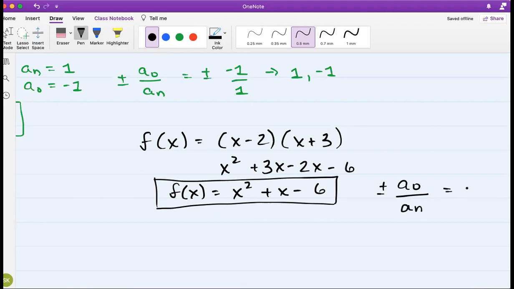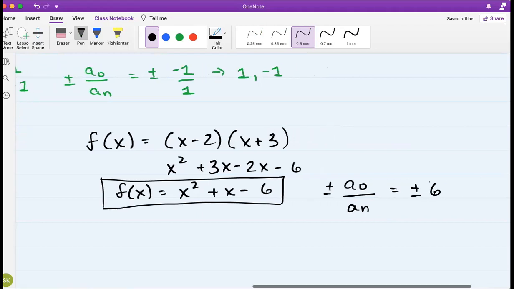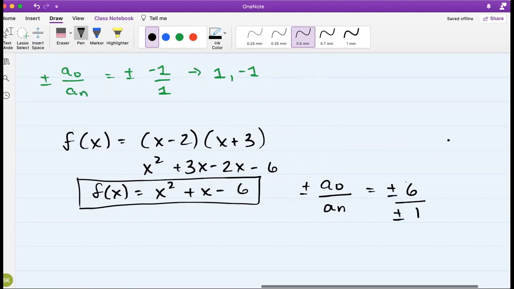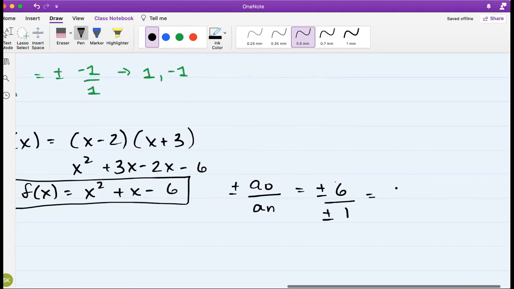So you can see that I have a negative 6, so we can put plus minus. You don't even have to worry about that negative because you have a plus minus in the front, over plus minus 1. Well, 6 is divisible by 1, 2, 3, and 6. All of these are factors of 6. And then we have this plus minus in the front, and 1 is just divisible by itself.